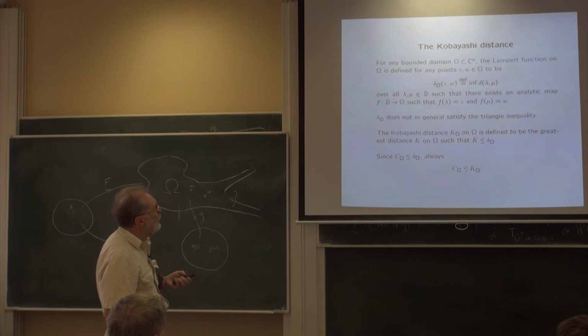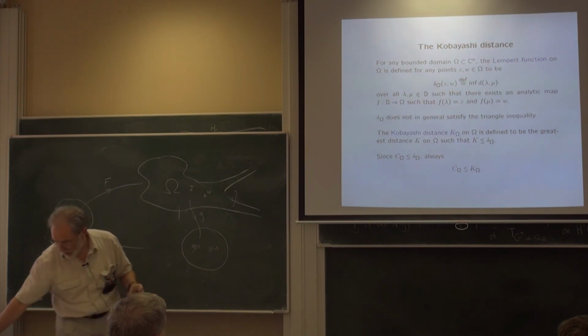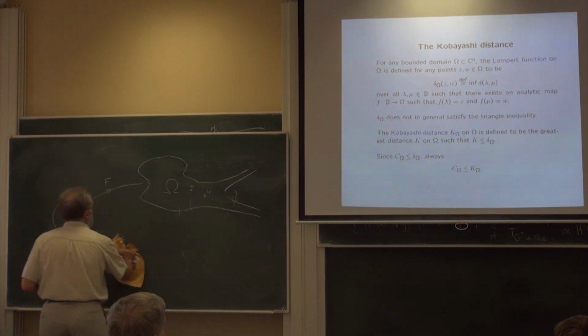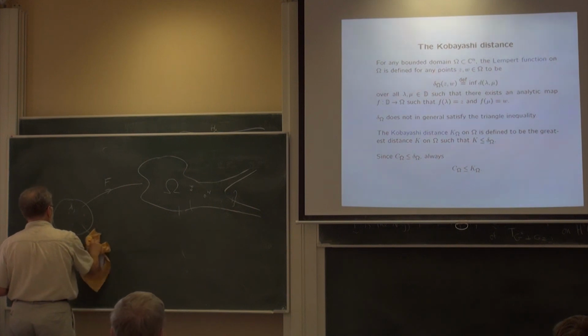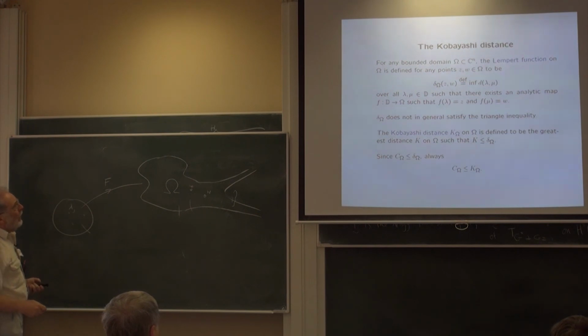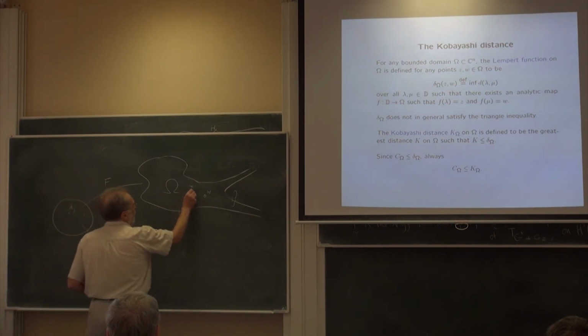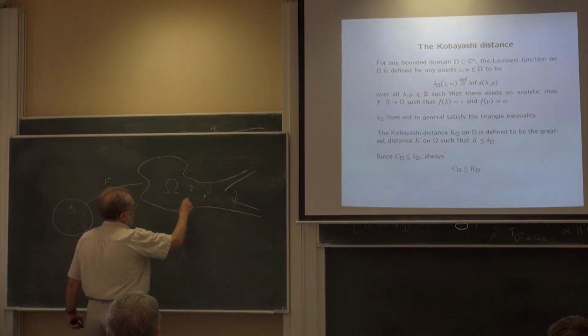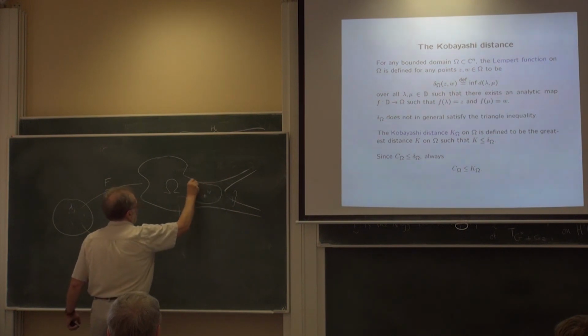There's a dual notion of the Kobayashi distance. So I can use this picture. The Kobayashi distance on omega, instead of looking at maps from omega into the unit disk, you look at maps from the unit disk into omega. So we've got these 2 points, z and w, and what you do is you fit some kind of analytic disk here.